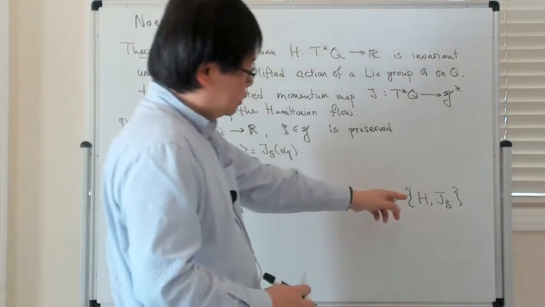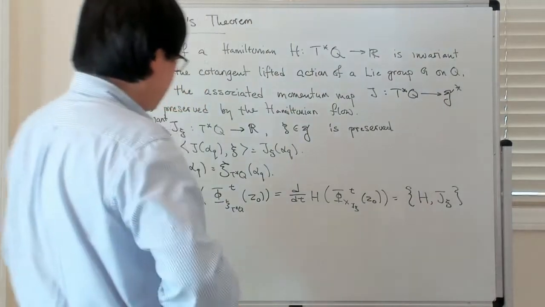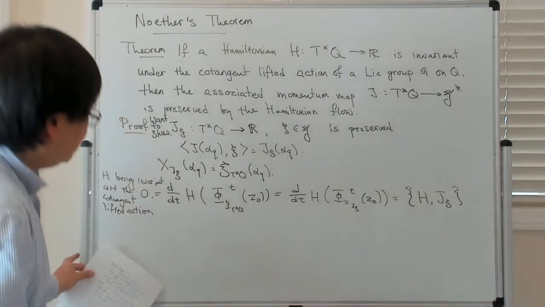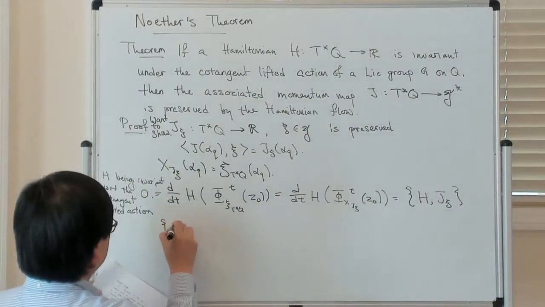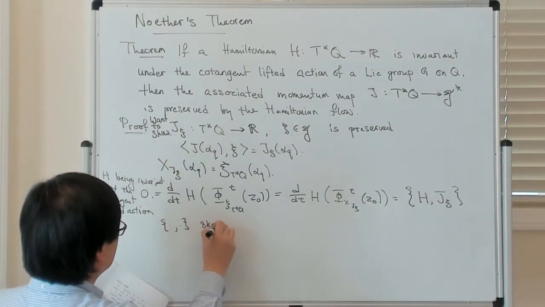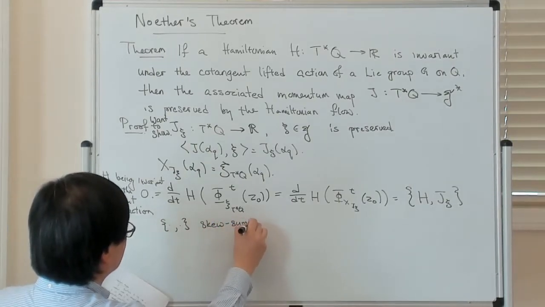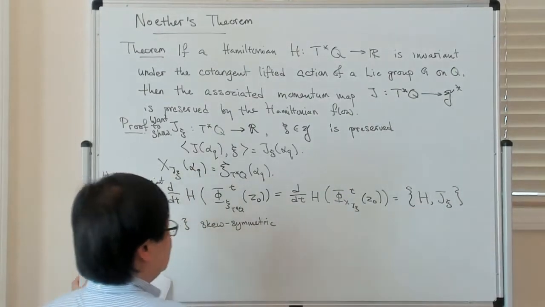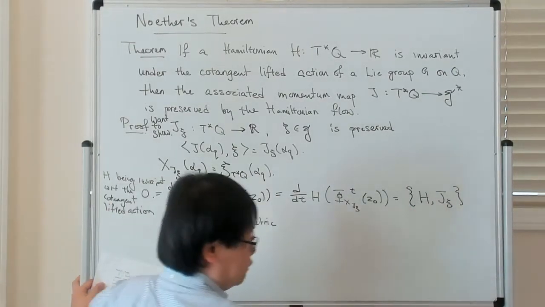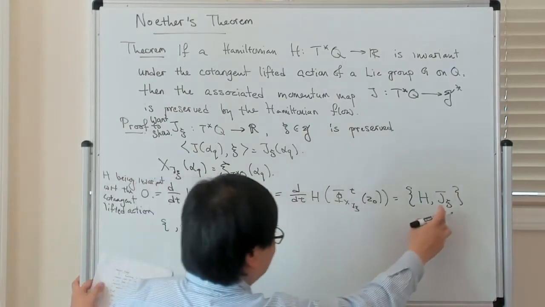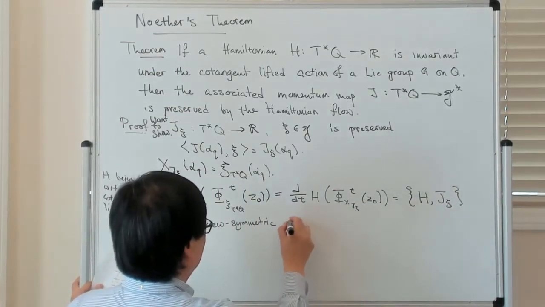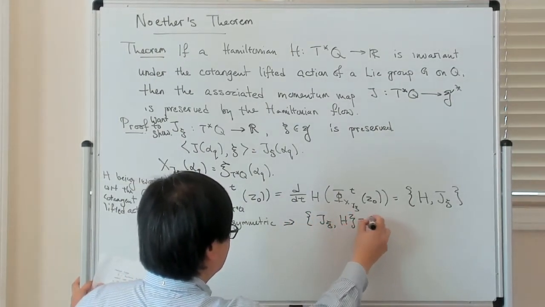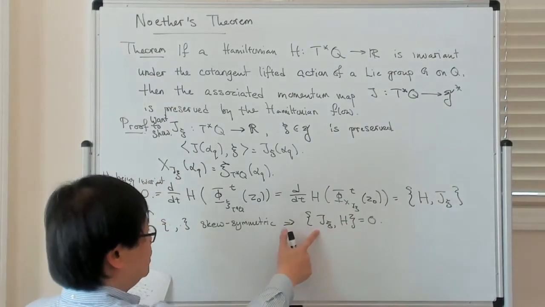So 0 is equal to the Poisson bracket of H and J_C. But you also recall that the Poisson bracket is skew symmetric. So the bracket of H and J_C vanishing means that the bracket of J_C and H also vanishes. This implies that the bracket of J_C and H is also equal to 0. But this has a different interpretation now.